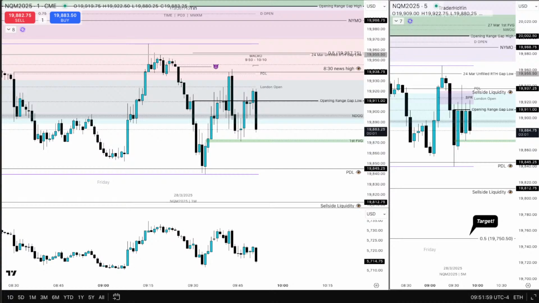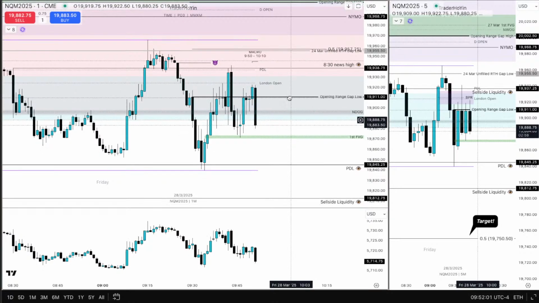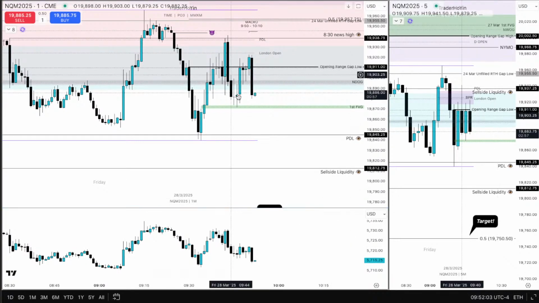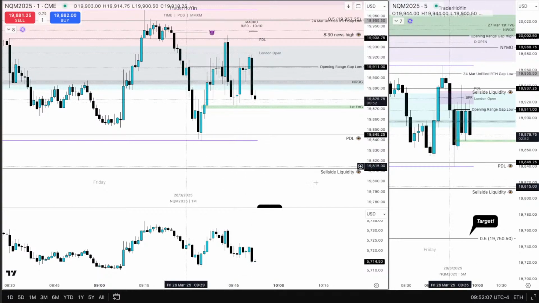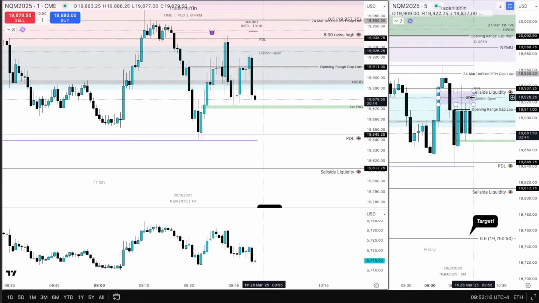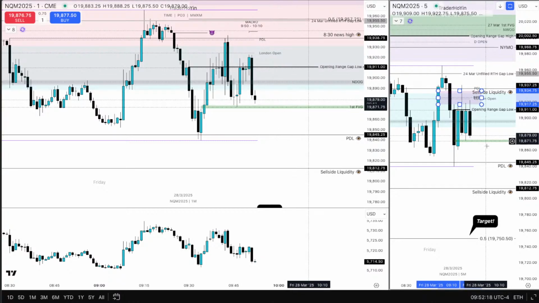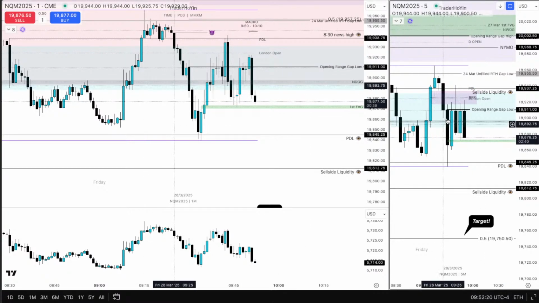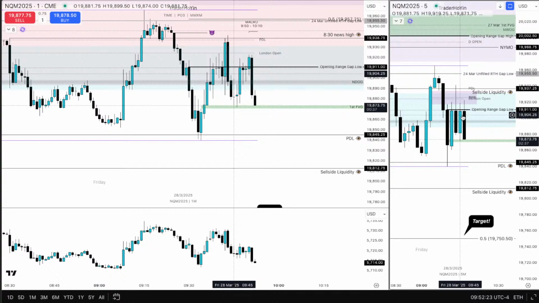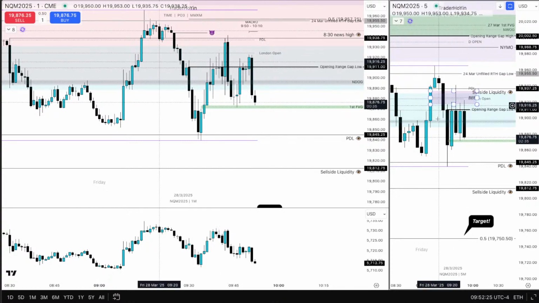Looks like NQ is going lower now. One minute shift. The 5-minute BPR is holding. Look at this candle. 1, 2, 3, 4, 5. 5 of these 5-minute candles.